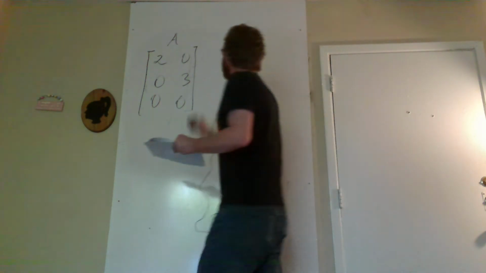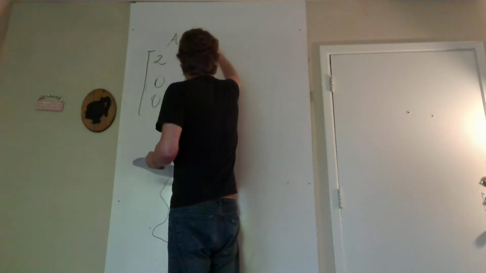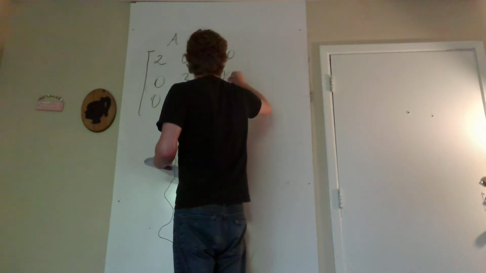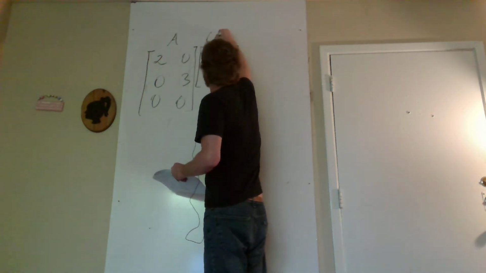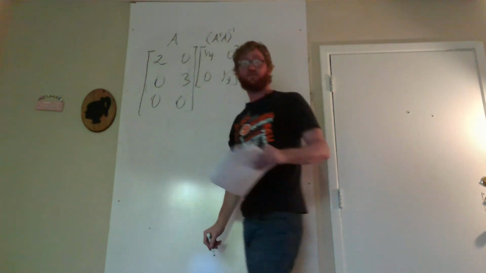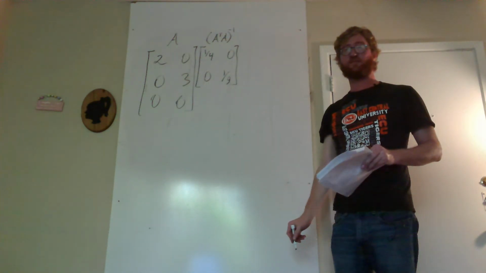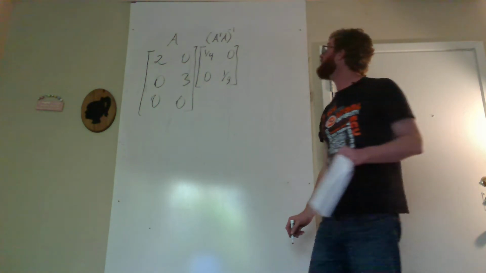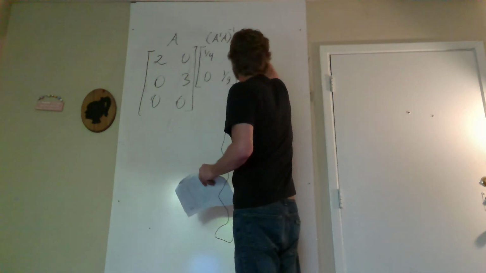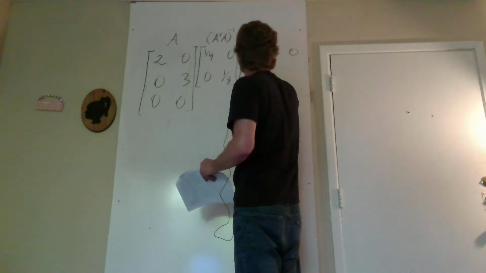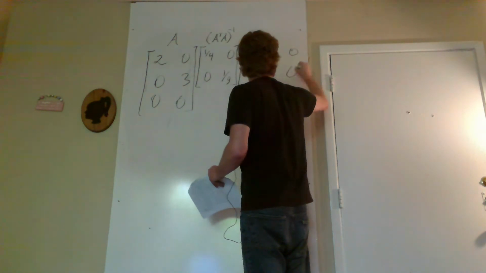And then we have 1/4, 0, 0, 1/9. This is A transpose A inverse. Now we're going to multiply it by A transpose. So A transpose would be 2, 0, 0, and then 0, 3, 0.